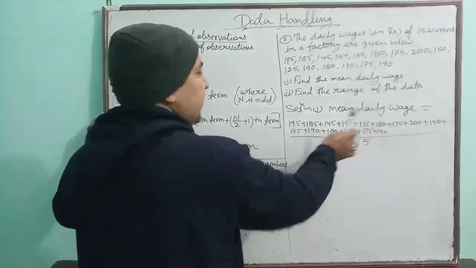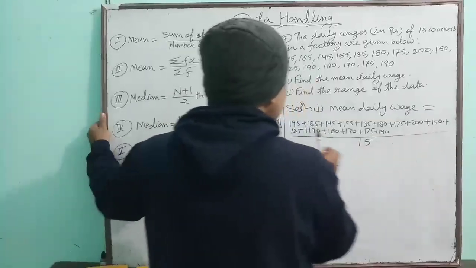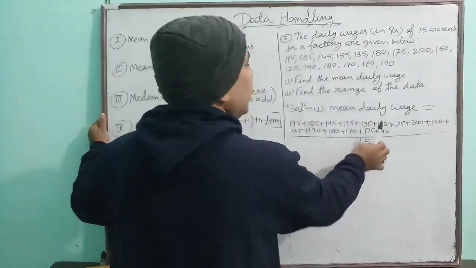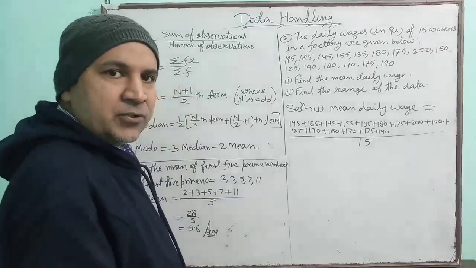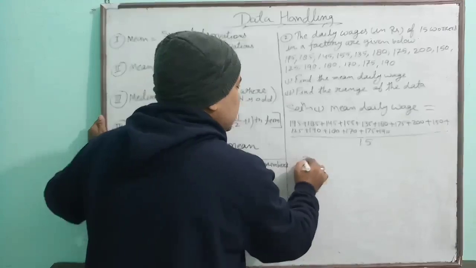Count that these are 15 or not. 1, 2, 3, 4, 5, 6, 7, 8, 9, 10, 11, 12, 13, 14 and 15. Understood? This step you will show in your solution also.